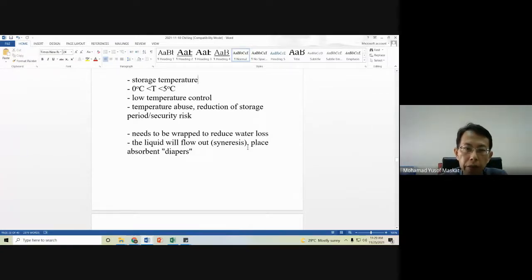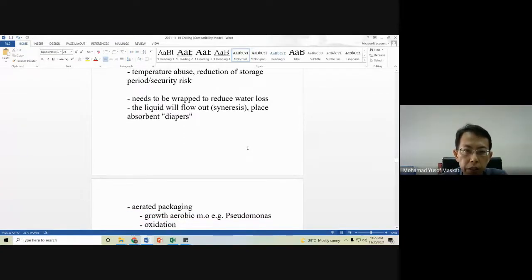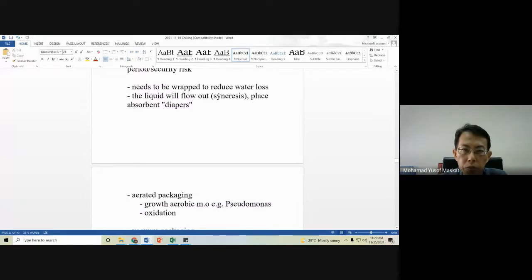Another important aspect is that our products need to be wrapped to reduce water loss. At lower temperature, the relative humidity will also drop, because relative humidity means the amount of water in the air.